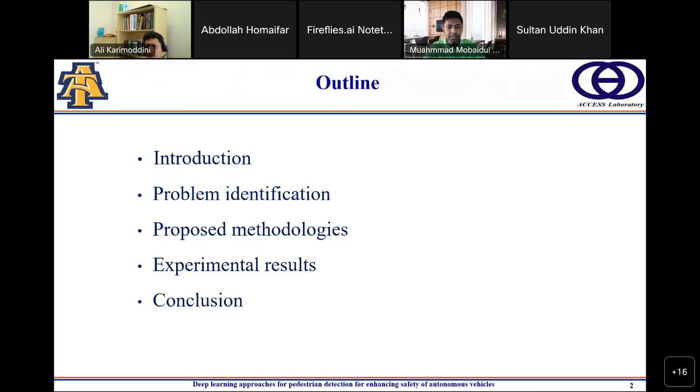Then I will discuss our proposed methodologies to resolve those. After that, I'll show our experimental results that will support our proposed methodology and show the robustness of our method. Finally, I'll finish the presentation with a conclusion.